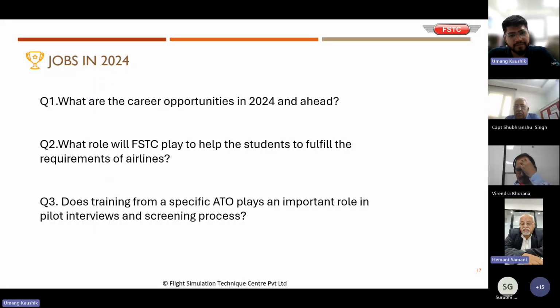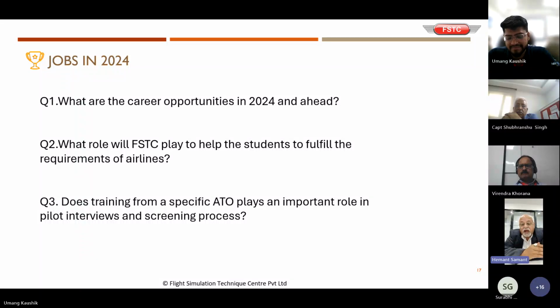Command upgrade is something very dear and very close to the heart of airline management. They want their airmen to be trained and groomed, because the captain is the last word on the aeroplane. There is no person sitting on the left side of the captain to be looked up to. And if they are giving that responsibility to FSTC, it means their confidence in FSTC training is rock solid.